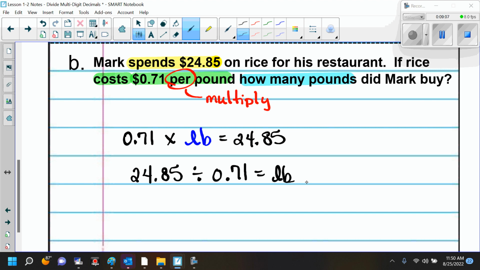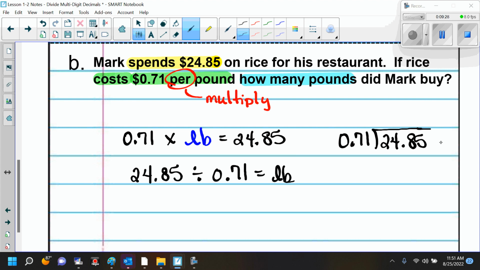Okay? So now we can do that division problem. Again, we're going to use our traditional model. So we've got $24.85 on the inside, and on the outside, the divided by 0.71.